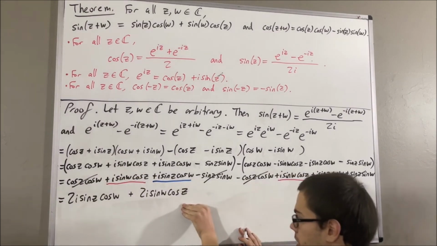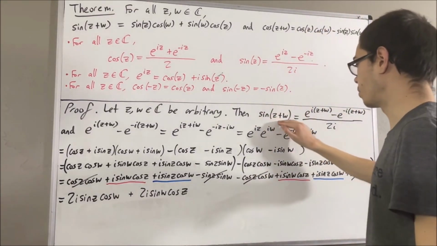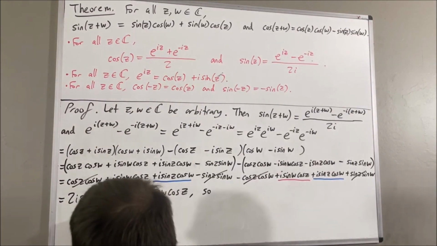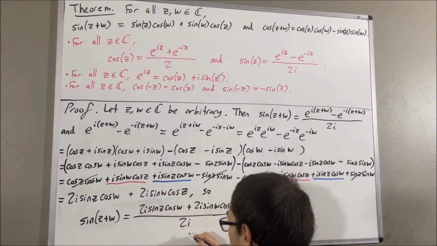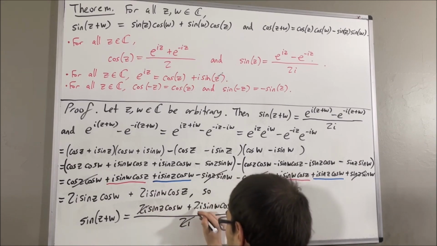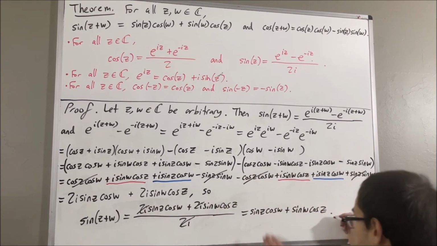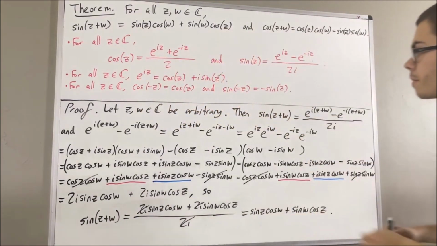So we get this. And what this tells us is sine of z plus w is equal to this over 2i. And now we see that the two i's cancel out, and so we are left with this.